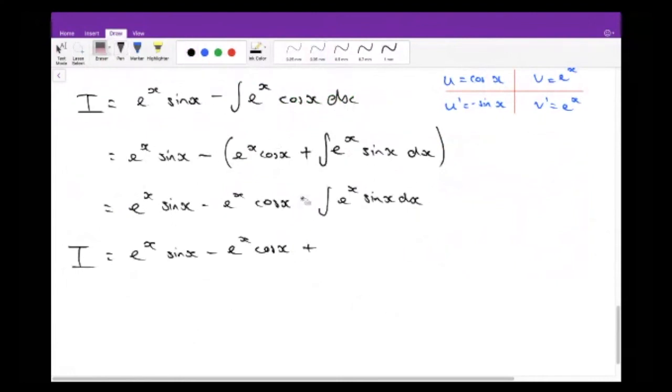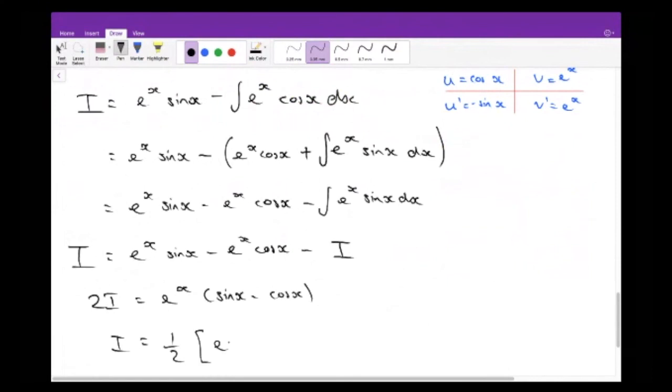So plus and a minus means that should be a minus I. So 2I is e to the x, sine x minus cos x. So the integral value is a half e to the x, sine x minus cosine x.